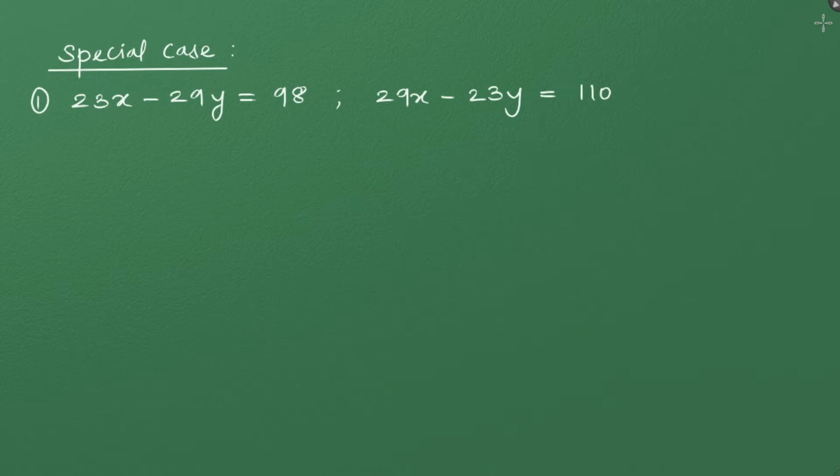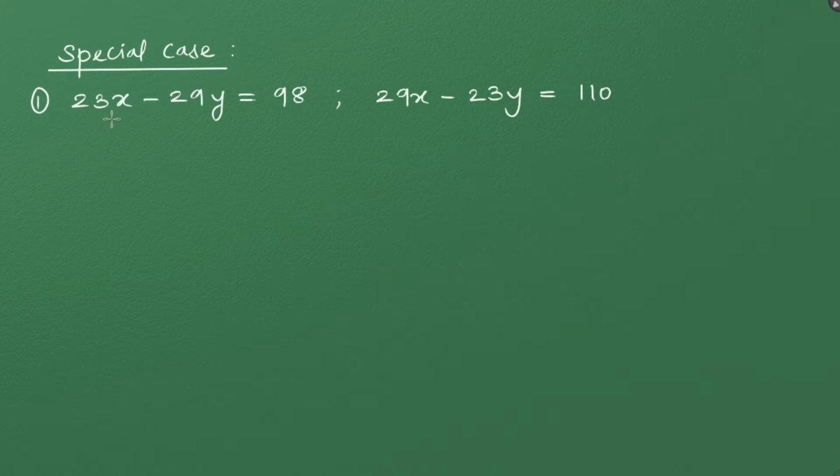Let's take one example. The two given equations are 23x minus 29y equals 98, and the second one is 29x minus 23y equals 110. Now in this, the coefficients of variables in one equation are interchanged in the other equation.